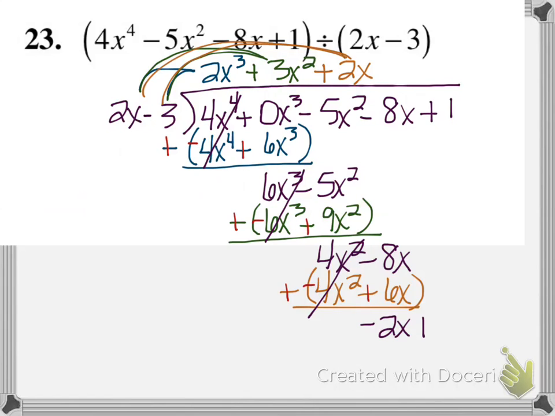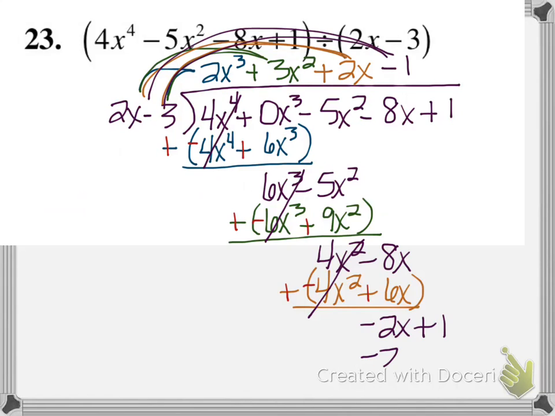Bring down my 1. Looks like I'm going to have one final multiplication and subtraction here. I have a minus 2x. I'm starting off with a positive 2x. So that's just going to be a multiplication of negative 1. Multiply that throughout.